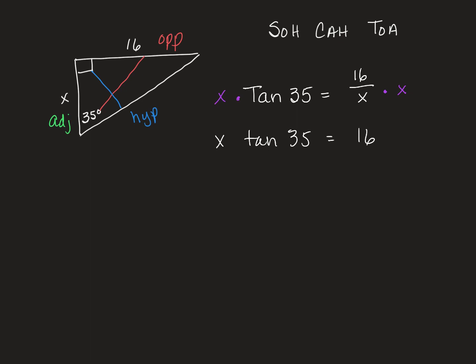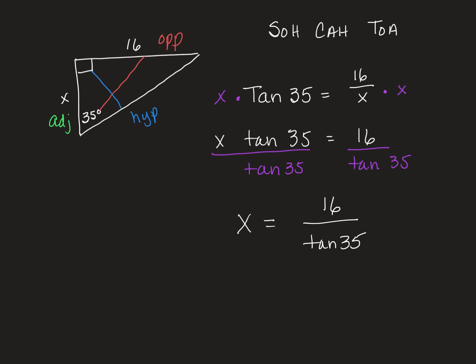We're then going to divide both sides by the tangent of 35. What that's going to do is cancel it on the left-hand side and put it back over on the right. So that's going to tell me that x equals 16 divided by the tangent of 35.